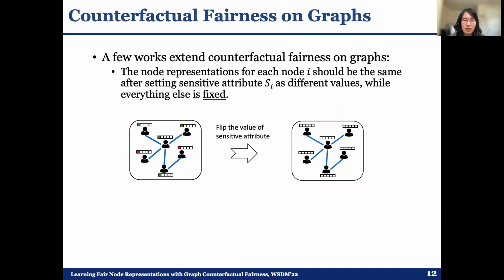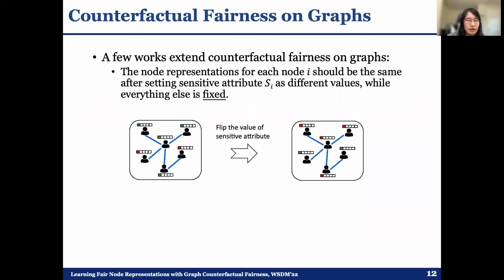Most existing work on counterfactual fairness only focuses on regular IID data, but recently there are also a few works that try to extend this notion to graphs. The initial exploration here tries to flip the value of the sensitive attribute for all the nodes on the graph.